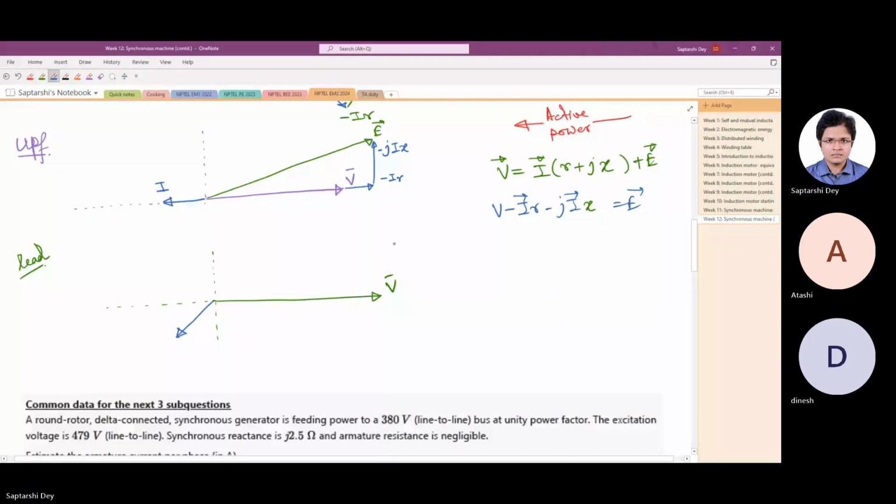If this is V, then minus IR is in this direction, and minus jIX is in this direction. So the E that you get is this.